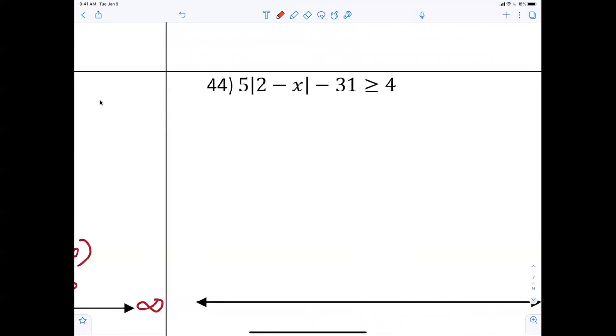So now what do we need to do? Add 31 and then, right, so absolute value of 2 minus x is greater than or equal to 7.